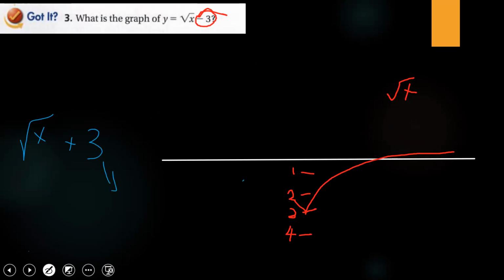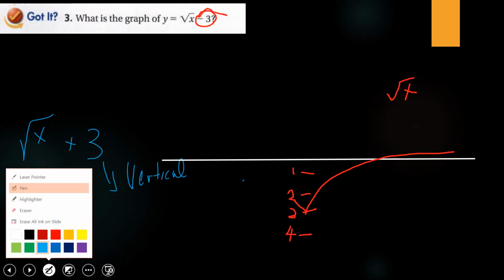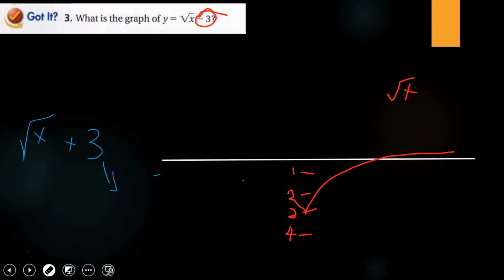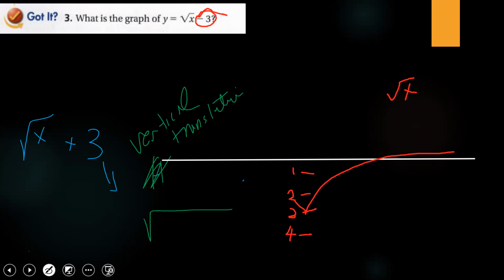It means we have a vertical translation.